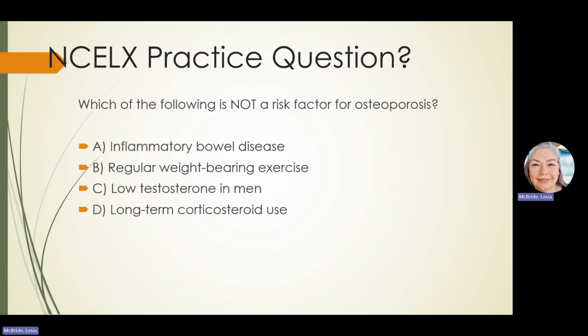Low testosterone in men, that can be a risk factor for developing osteoporosis, and long-term corticosteroid use can also result in bone loss. It's regular weight bearing. Actually, regular weight bearing exercise increases our bone. It builds the bone. So that would be the proper answer.